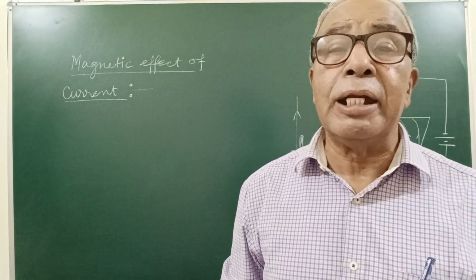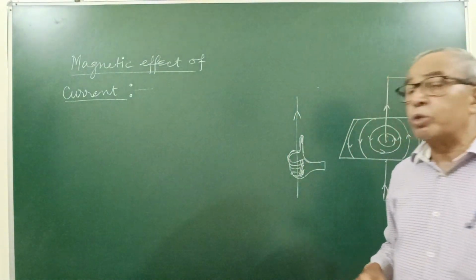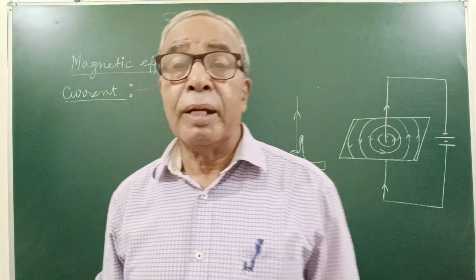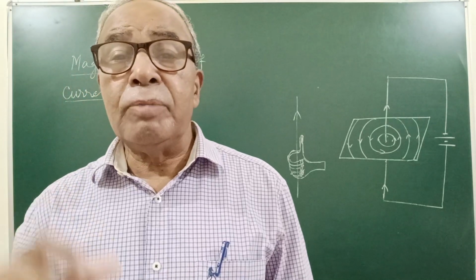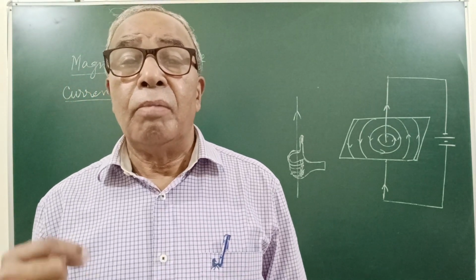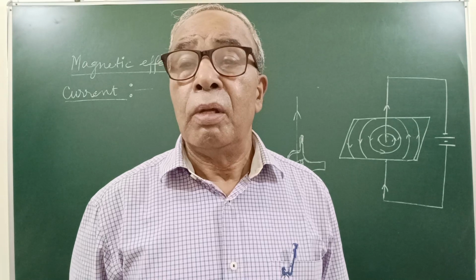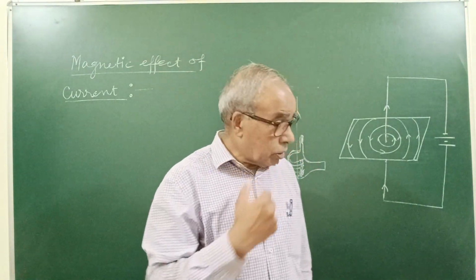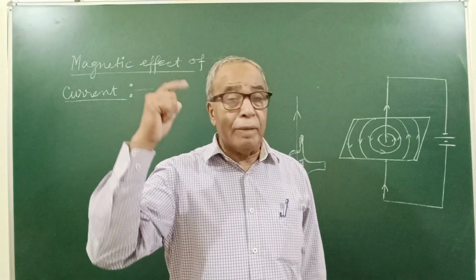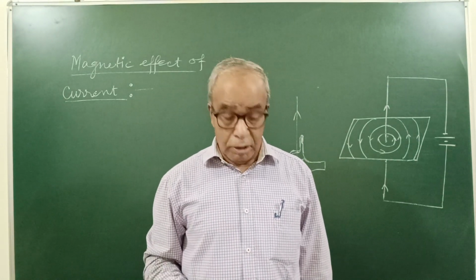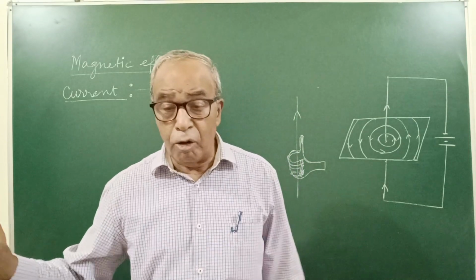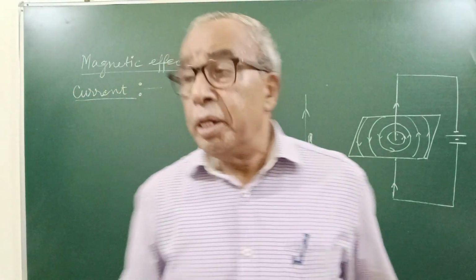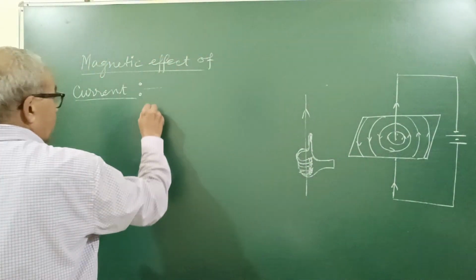Electricity and magnetism both were known more than 2000 years ago, since a long time, but they were treated as different fields of physics. There was no relation.